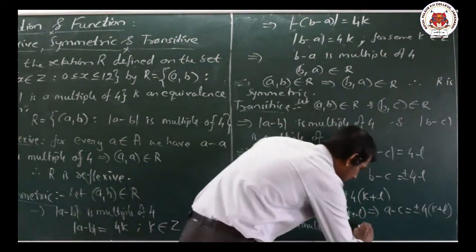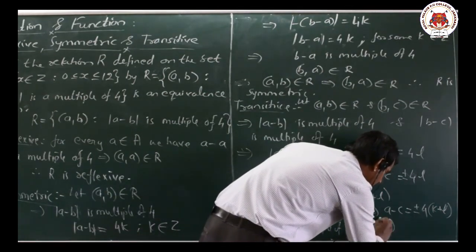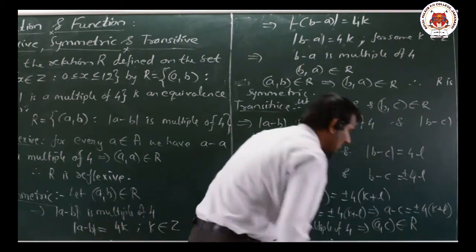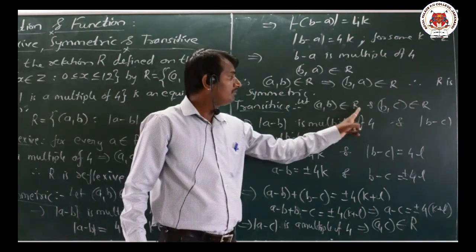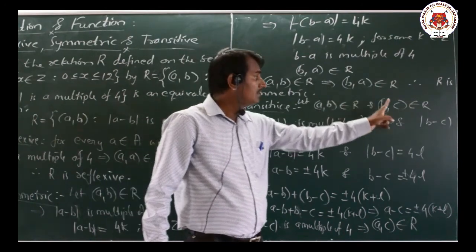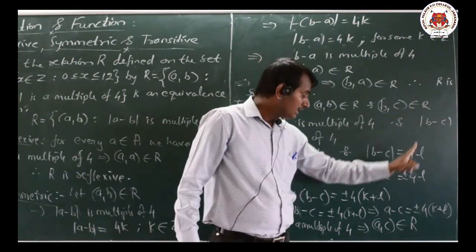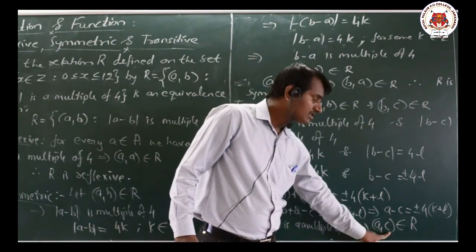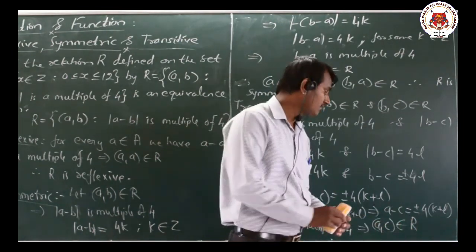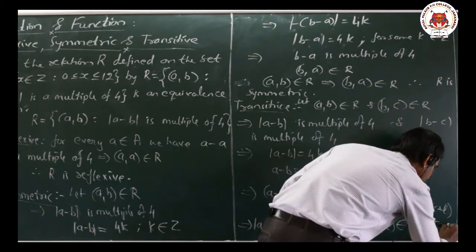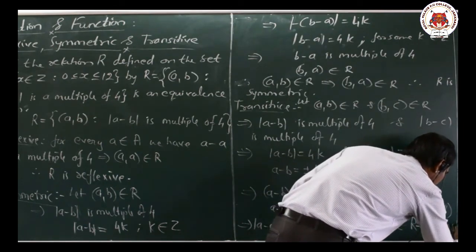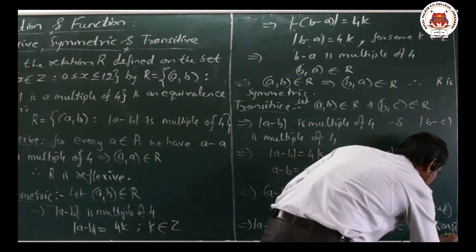Multiple of 4 means (a, c) belongs to R. So we have arrived at the result that if (a, b) belongs to R and (b, c) belongs to R, then (a, c) belongs to R, which means it is transitive. Therefore R is transitive.